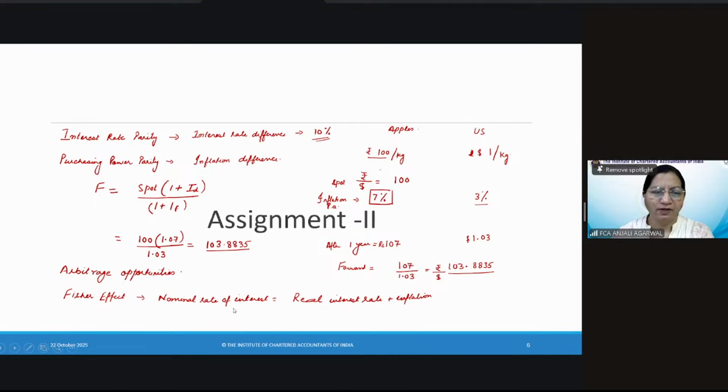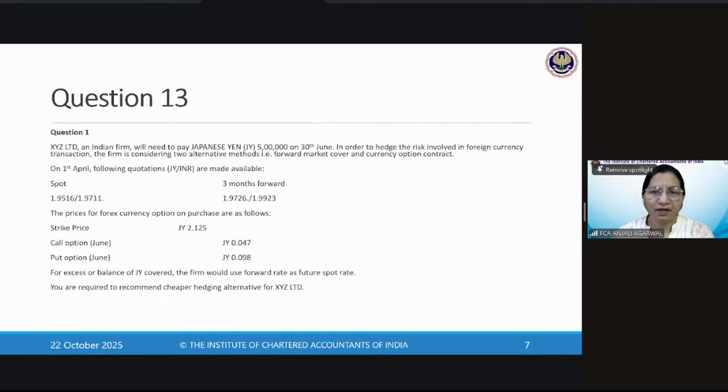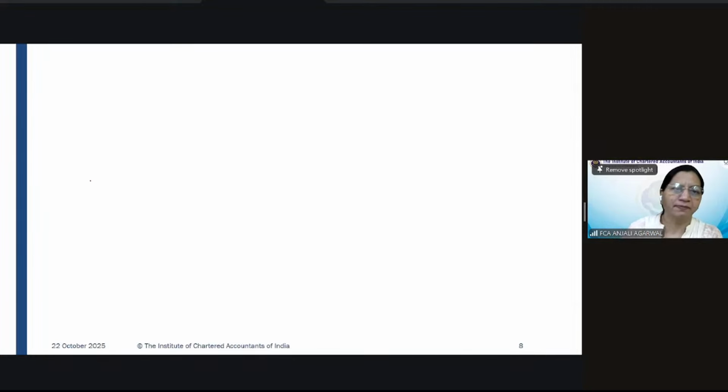And therefore, we don't need to separately account for the part of the inflation which is causing the change in the exchange rate fluctuation. I'll explain to you, just take it here. And now let's just see the proof of this also.